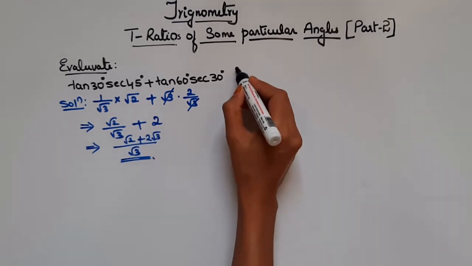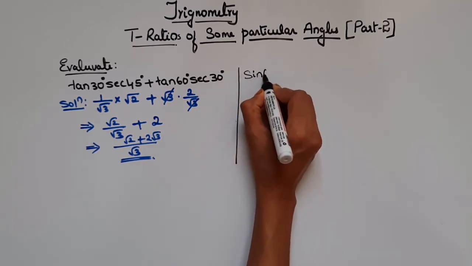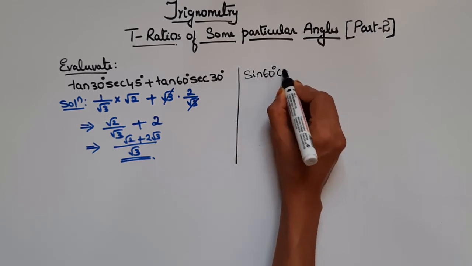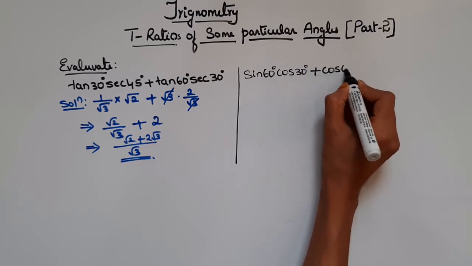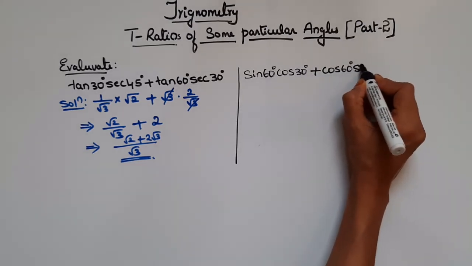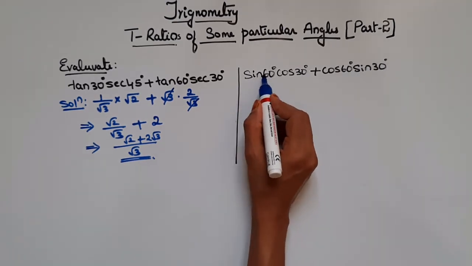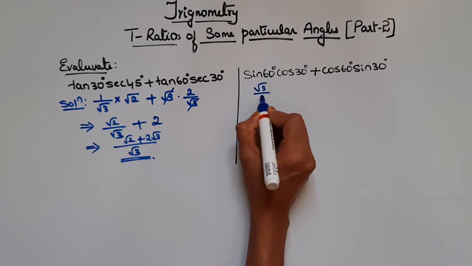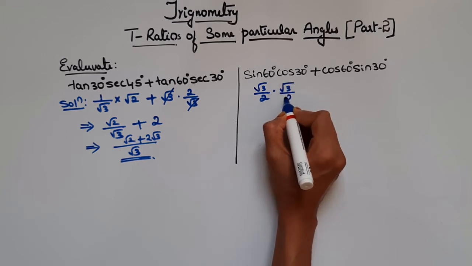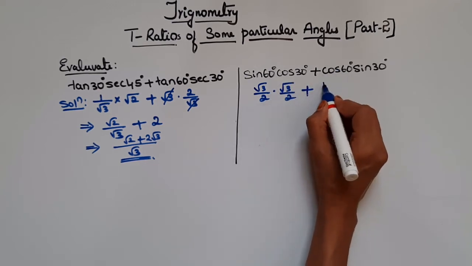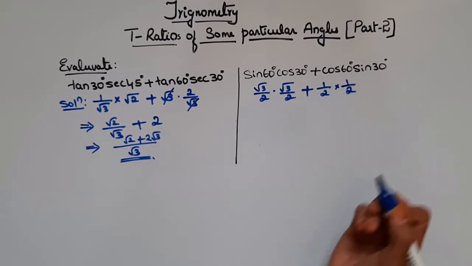Now let's see one more problem. Let me write here. We have sine 60 degree into cos 30 plus cos 60 degree into sine 30 degree. So we know sine 60 is root 3 by 2 into cos 30 is root 3 by 2 plus cos 60 is half into sine 30 is half, right?